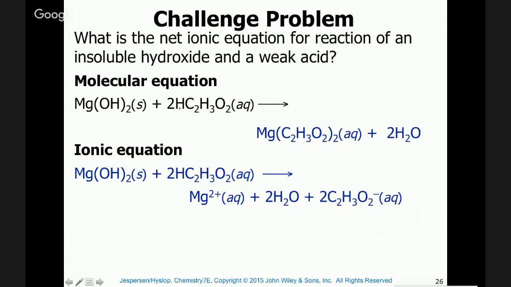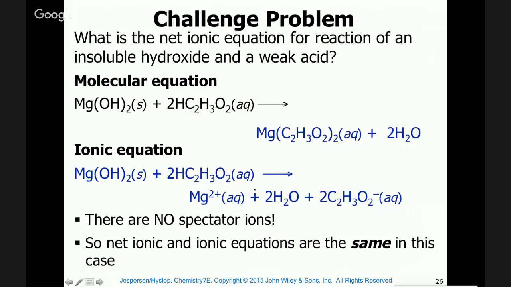Hydrogen is leaving, switching with magnesium to form water. We write out our solute, this breaks apart, right? And we have our ions. There are no spectator ions, so this is our final net ionic expression.